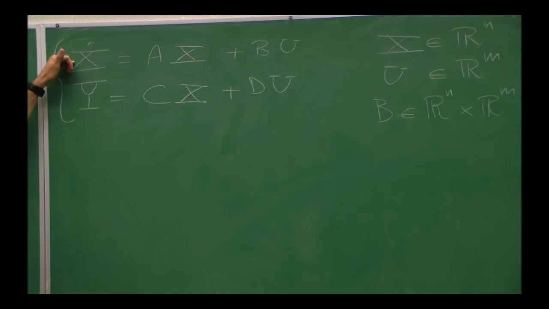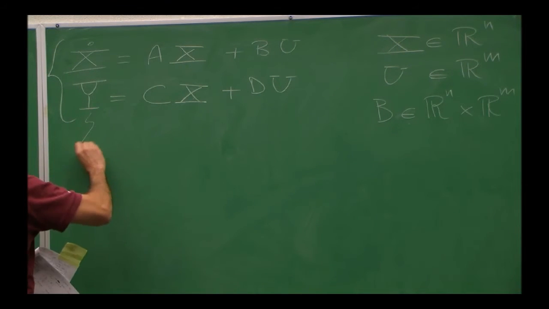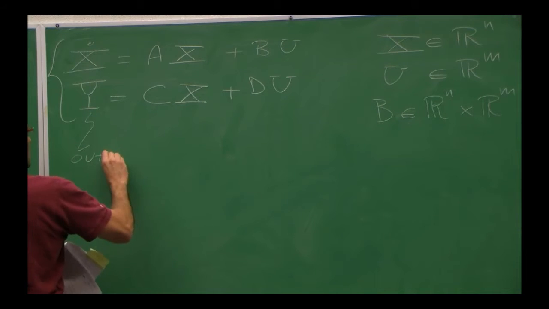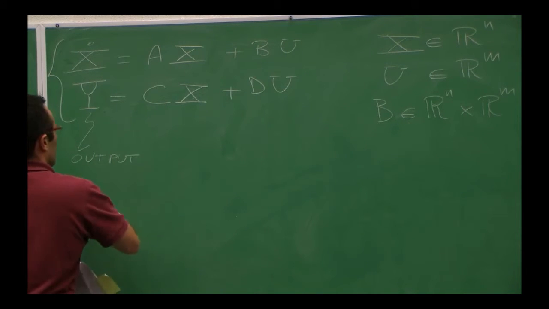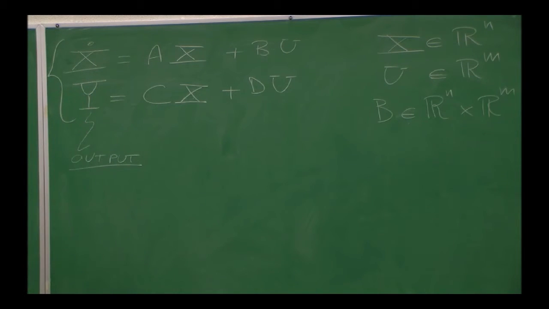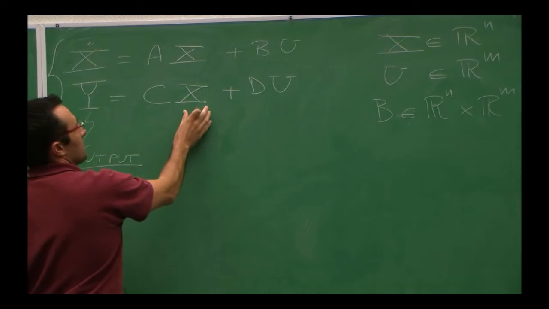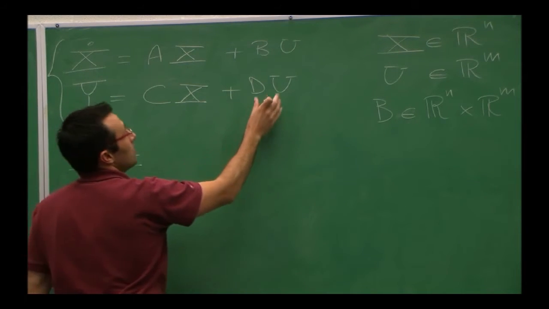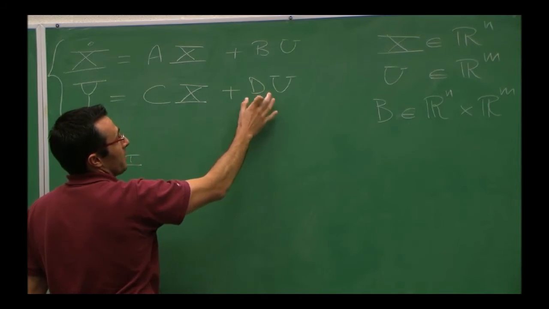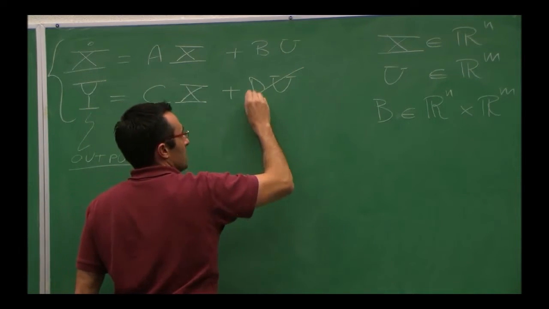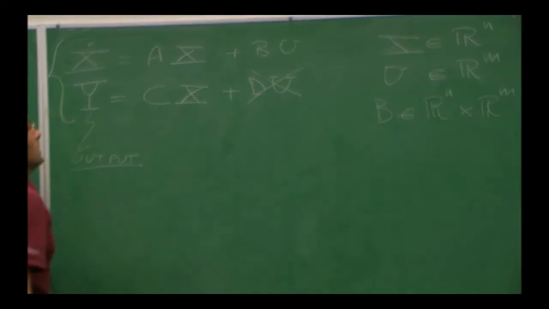Not a guarantee. So usually the output, I'm just covering general linear dynamics here. The output y, the vector y, may be not the entire state vector x. It may actually have a component that is affected directly by the input. In most of the cases, this doesn't exist, but it may be there.